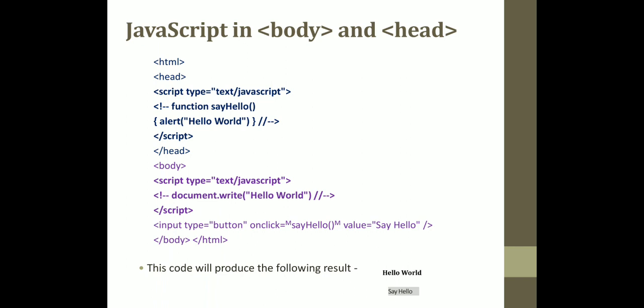The third part is body and head section, including JavaScript in both body and head sections. At both the places we are including the same. Here you can see in the head section I have included script type equals text/javascript, and the function is labeled as function say hello and hello world.